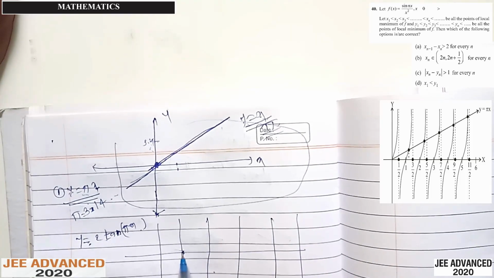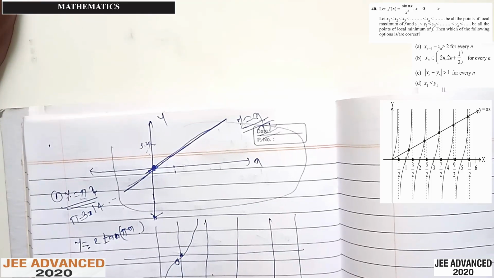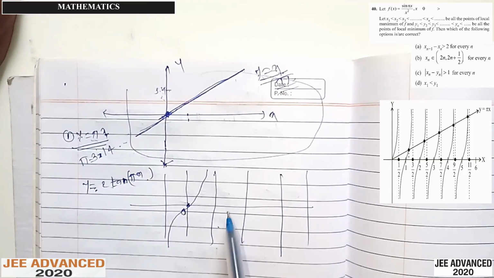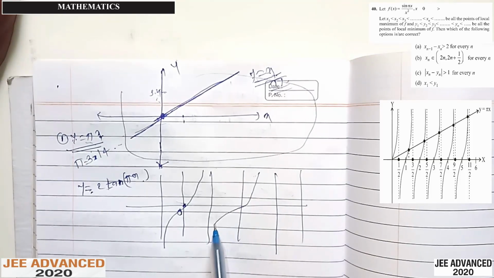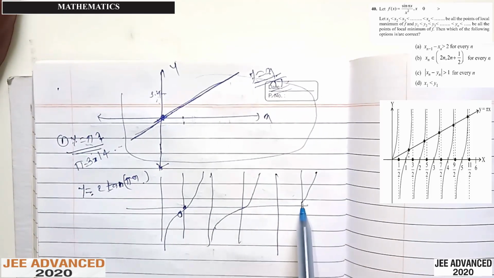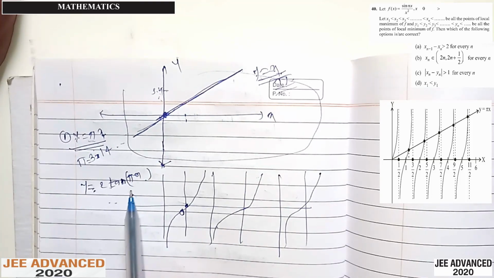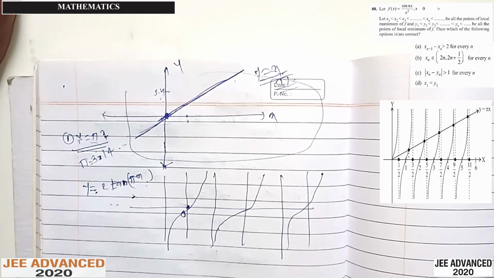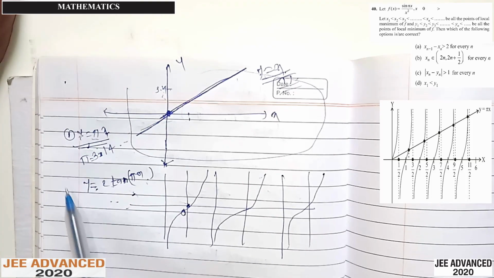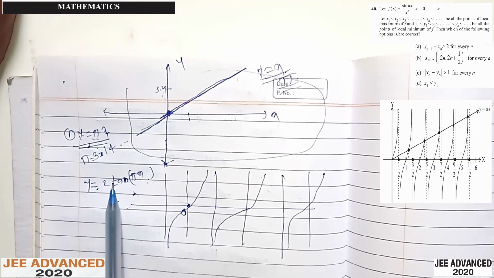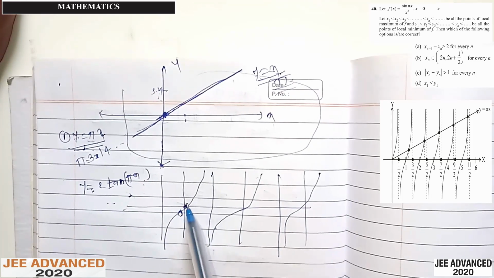If we take the origin over here, the tan graph goes like this, then another branch goes like this, and again another goes like this. This is the graph of y equal to 2 times tan pi x, as you can see on my screen also. So we got the graphs of y equal to pi x and 2 times tan pi x. This is a general graph I drew here.